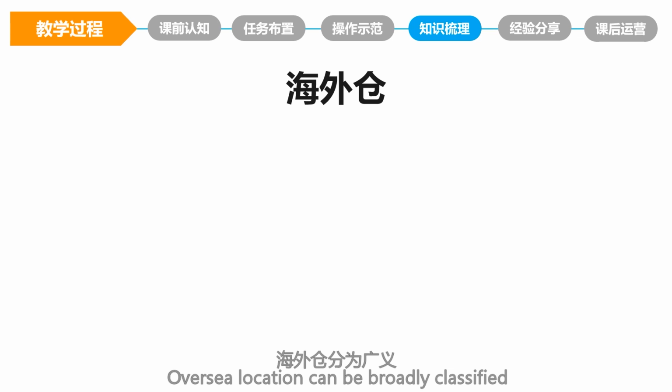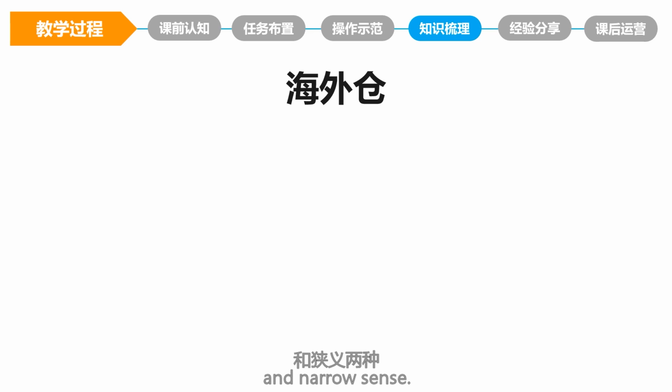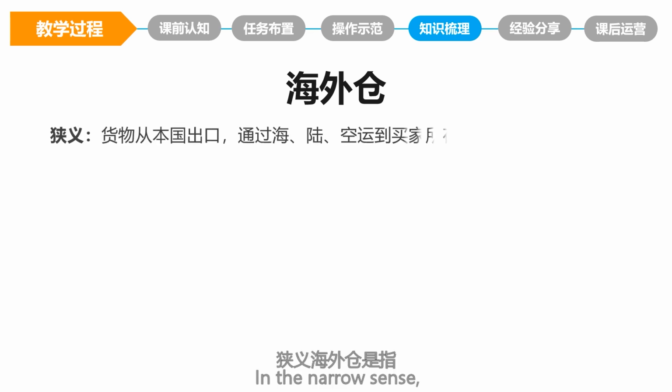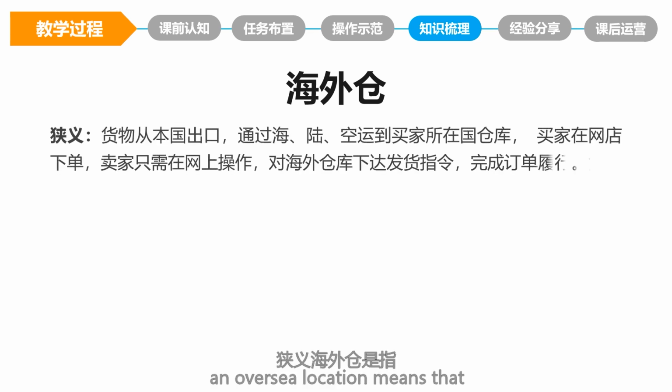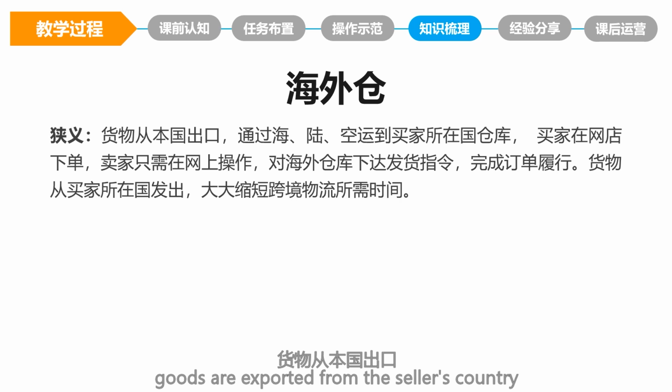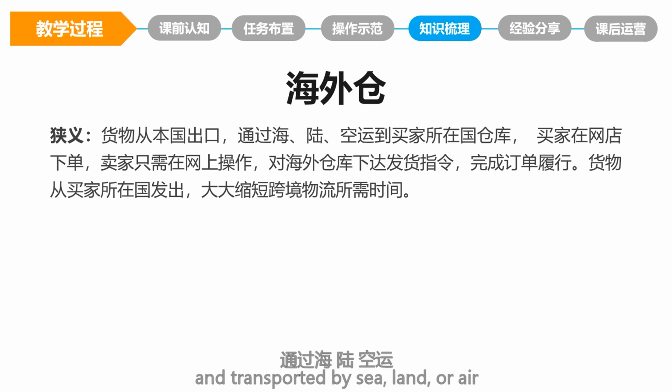Overseas location can be broadly classified into two types, by broad sense and the narrow sense. In the narrow sense, an overseas location means that goods are exported from the seller's country and transported by sea, land, or air to a warehouse in the buyer's country.